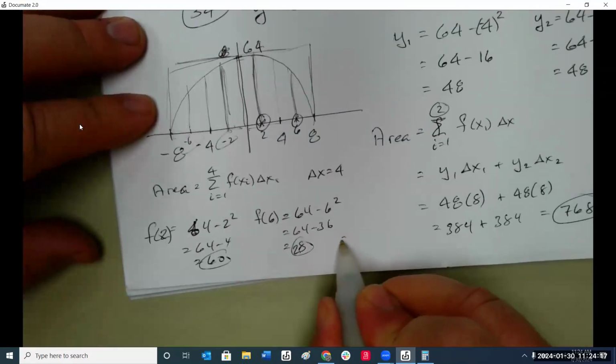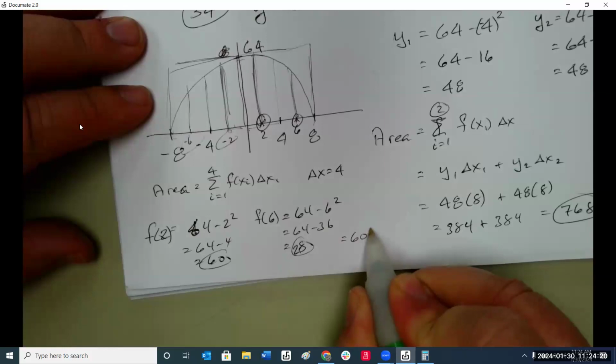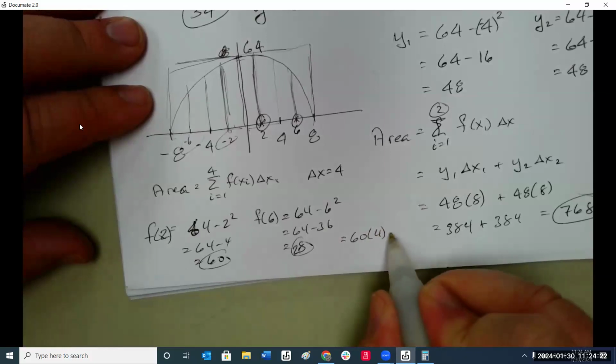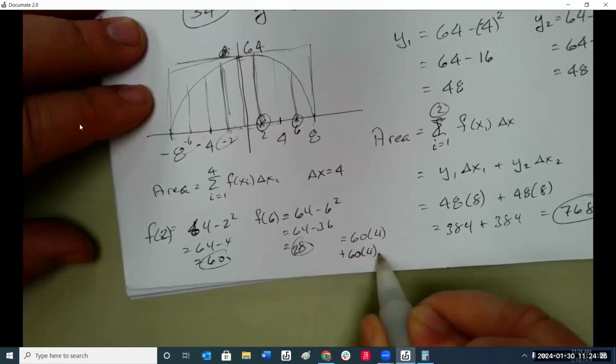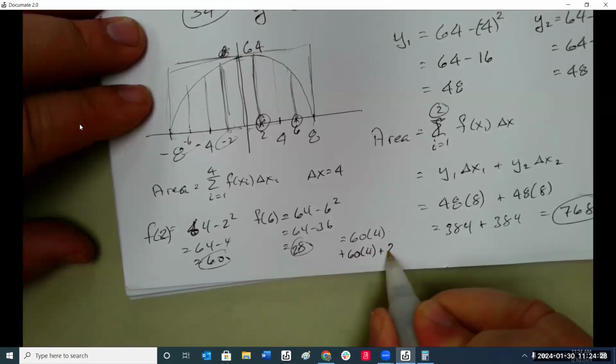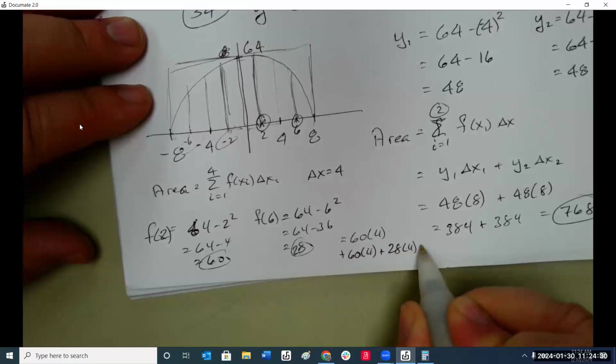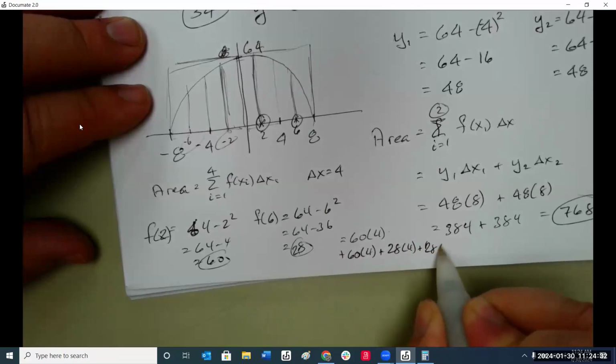So we take 60 times 4 plus 60 times 4 plus 28 times 4 plus 28 times 4.